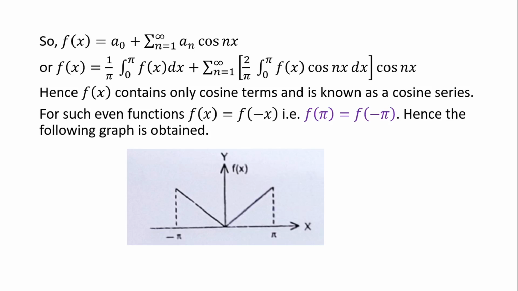Here again the interval minus pi to pi is divided into two intervals, minus pi to 0 and 0 to pi. Again minus pi to 0 is altered to 0 to minus pi, where the integral becomes negative, as represented by the second integral in the second step.